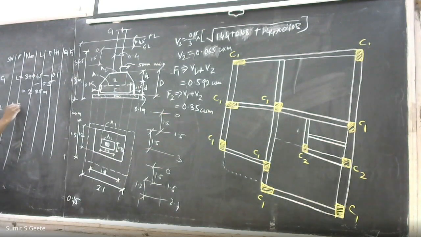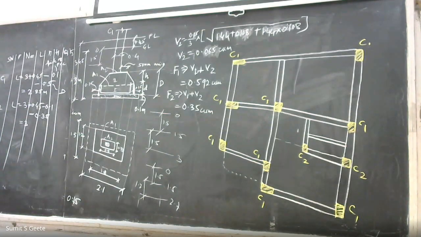L is equal to 3 plus 0.45. This is okay. PCC thickness 0.1 minus capital T, 0.35. So define, this is thickness of PCC. This is capital T. Okay. Now do the simple calculation.